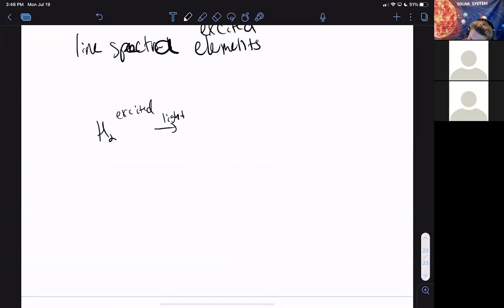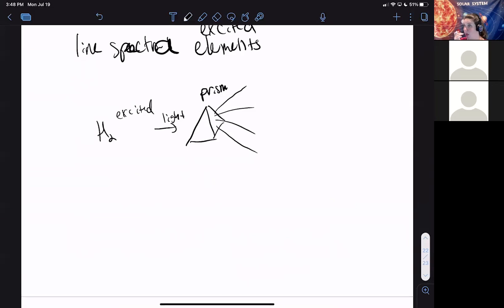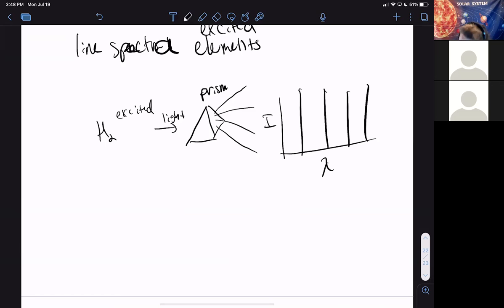And that light, when it's passed through a prism, can be divided into its individual wavelengths. And when we look at this on a spectrometer, we see the 4 lines in the visible region for hydrogen. And they call it a line spectra because they're each lines.